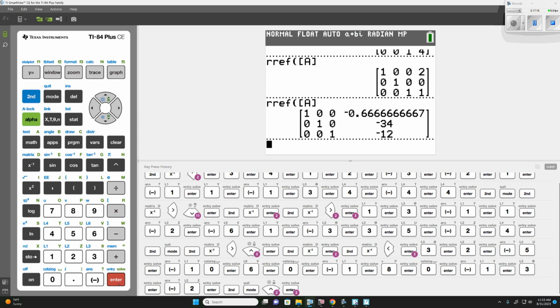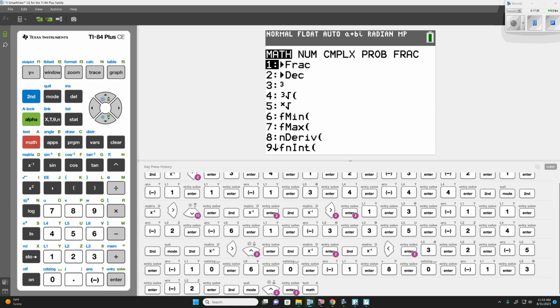And if you notice, there is a decimal, yes? I'm going to show you how to fix that. You see the button called math that has math written on it, M-A-T-H? Hit it. And the first one in the list is arrow, F-R-A-C, fraction, hit enter.